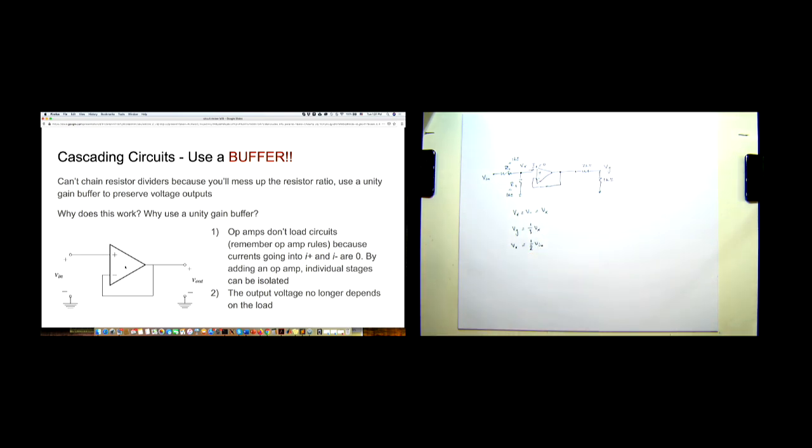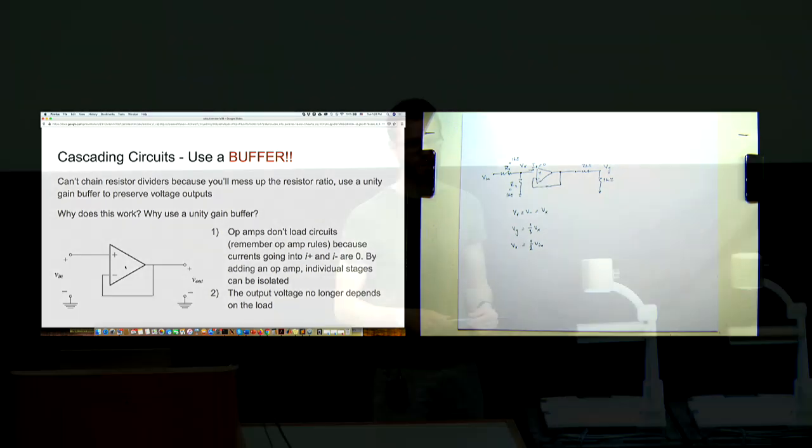Also, the other advantage is that the output voltage no longer depends on the load, since the op-amp is probably capable of providing as much current as you need it to provide. In an ideal case. In a real case, you need to consider how big of a load you connect there in order to avoid burning your op-amp.